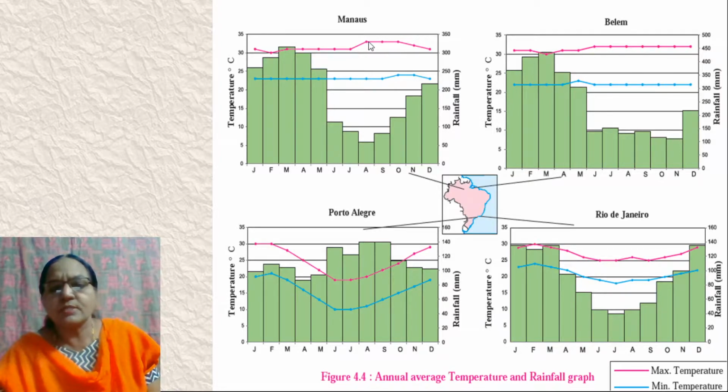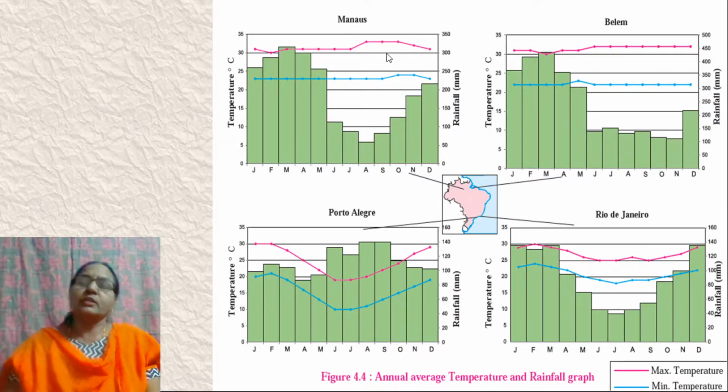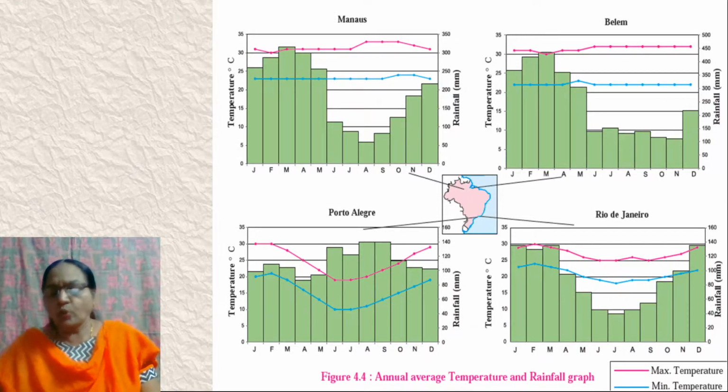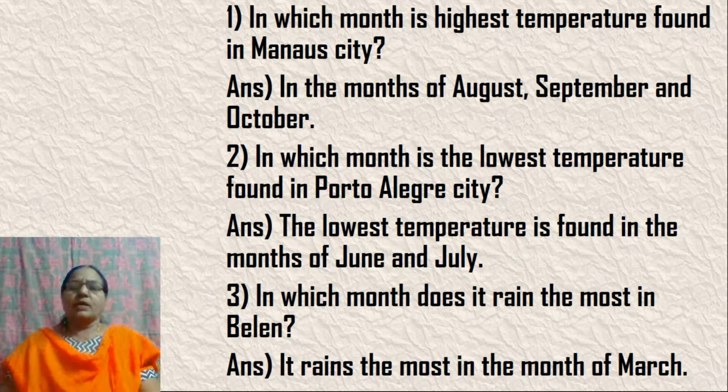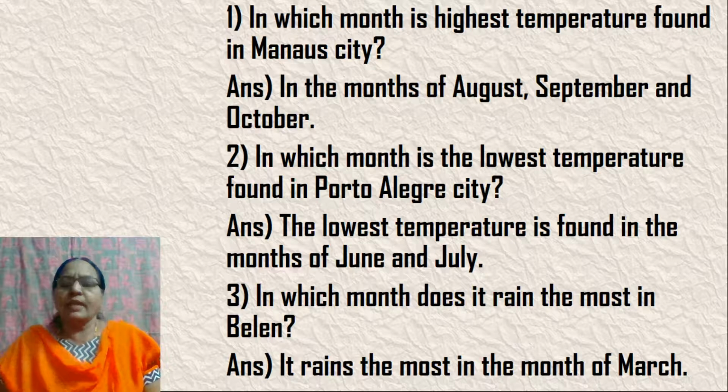Look at this. We have this in the months of August, September, and October. Children, be very careful. Go through the index, and only then answer your questions. So the highest temperature is found in the months of August, September, and October in Manaus city.